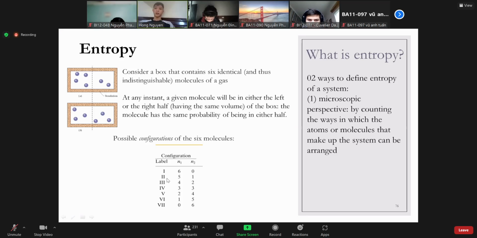Similarly, we define all the configurations. For example, 5 and 1: 5 molecules in one half, 1 in the other half, and so on. And here we have the situation where half the molecules are in one half, and the other half also has half of the molecules. Good. We continue.